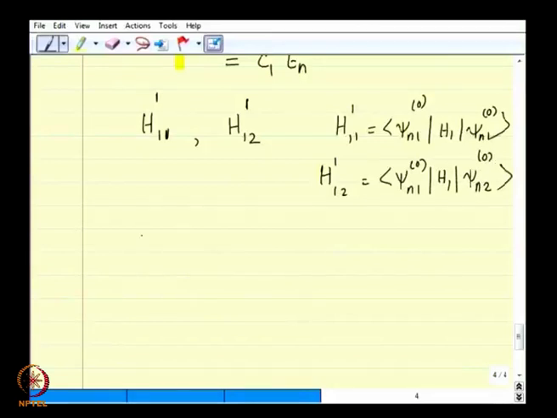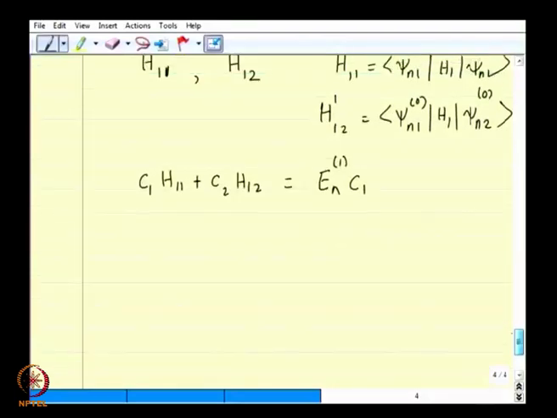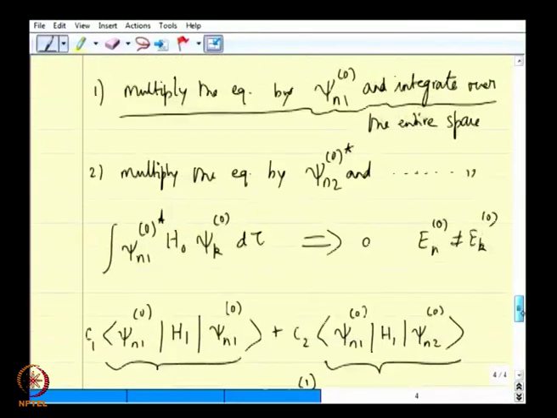So the equation that we have is C1 H11 plus C2 H12 is equal to E n1 C1.